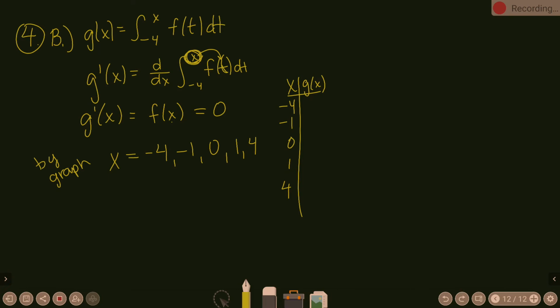Okay. The other option is I also looked at a number line, so I didn't have to do all of these. -4, -1, 0, 1, and 4. And I looked at, okay, when are things positive or negative? When is your derivative positive or negative?